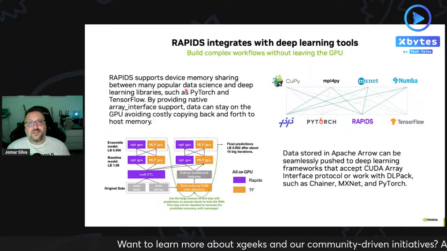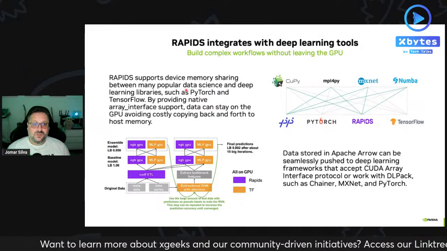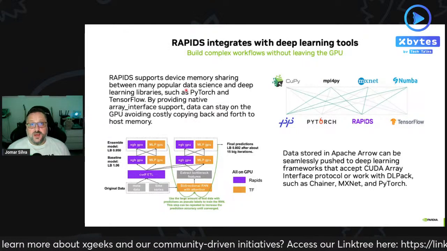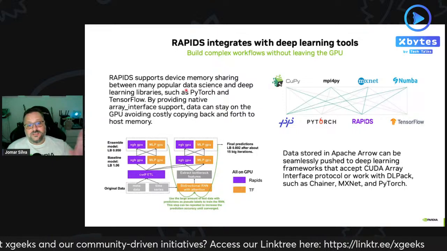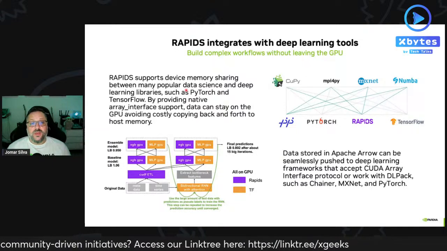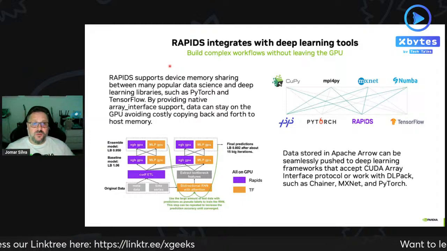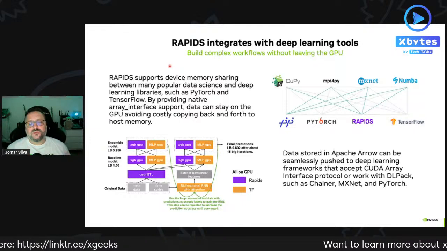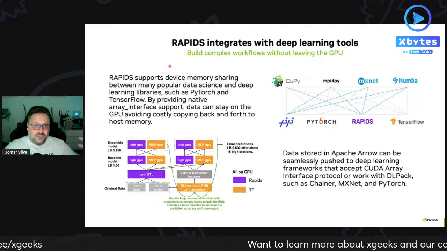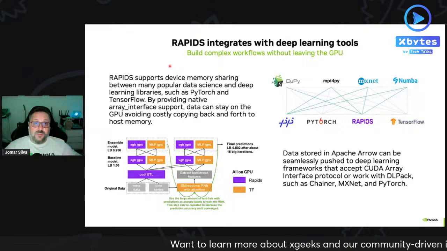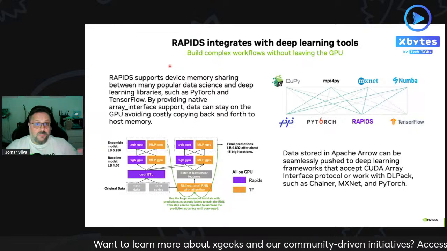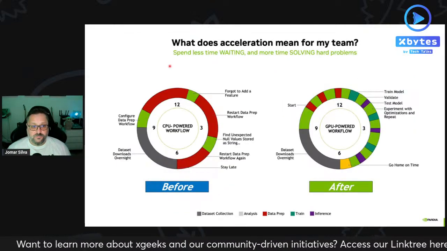Also, Rapids can integrate with other deep learning tools through Apache Arrow that I explained. So with that, we can really optimize the data sharing inside the GPU memory, and we are able to get a very good speed up on our pipeline because most of the pipeline is running inside the GPU.